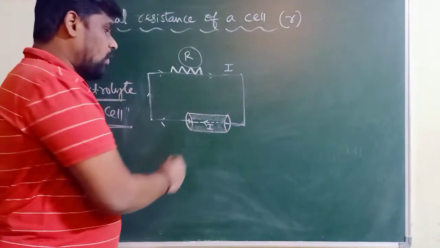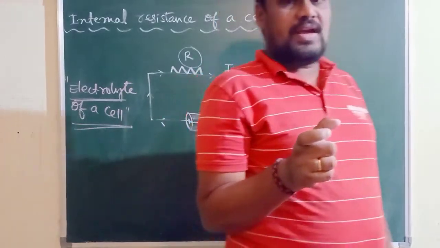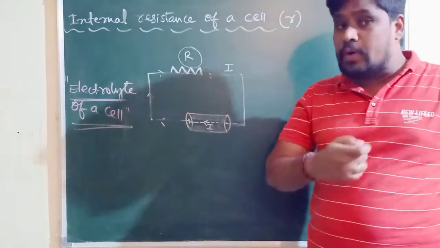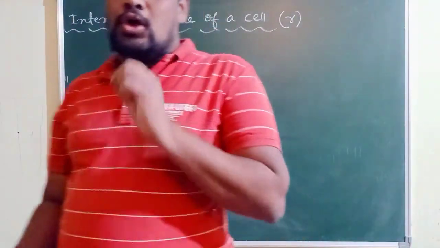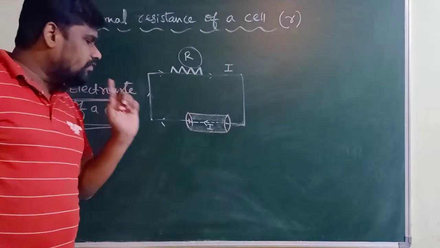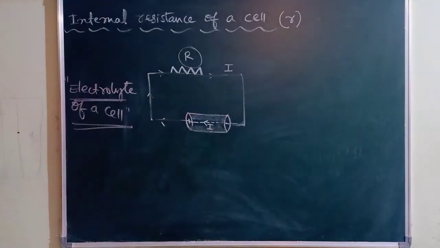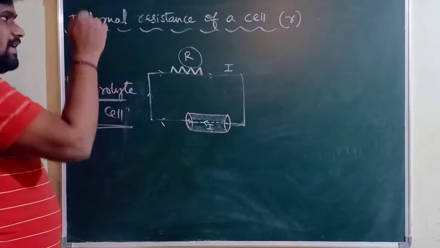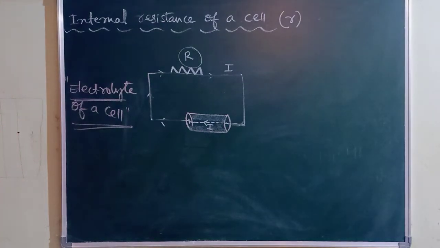When the current flows inside the cell, there is some chemical, the electrolyte, that is going to exert some opposition force for the flow of electric current. That opposition exerted by the electrolyte of a cell for the flow of electric current inside the cell, we'll call it the internal resistance of a cell.